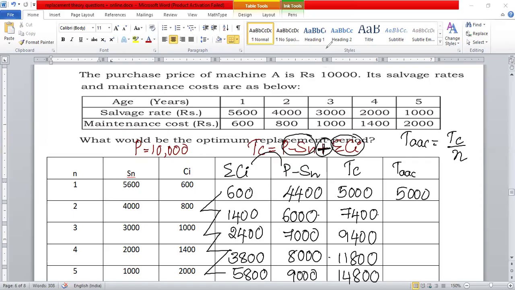Okay, next one, 7,400 divided by 2, so 3,700. 9,400 divided by 3, 3,133.33, so it decreases. 11,800 divided by 4, so 2,950. 2,950 again decreases. The last one, 14,800 divided by 5.